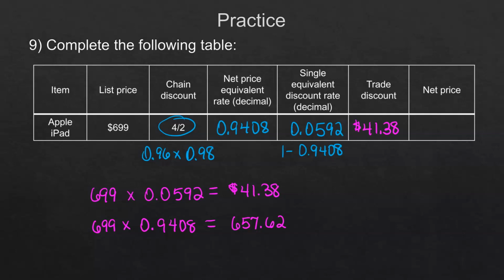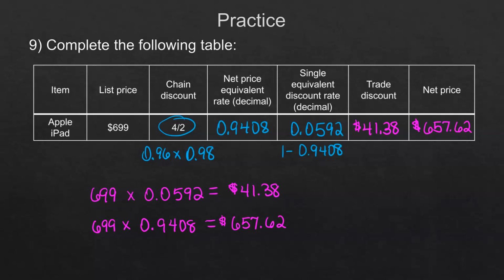The $699 minus $41.38 would give us this amount. If I add those together, I'm back to the $699. So $657.62.